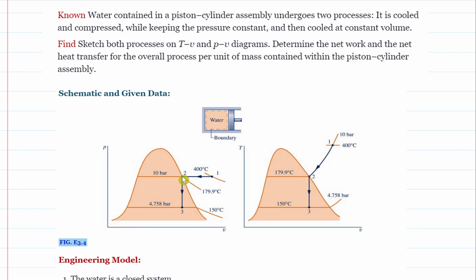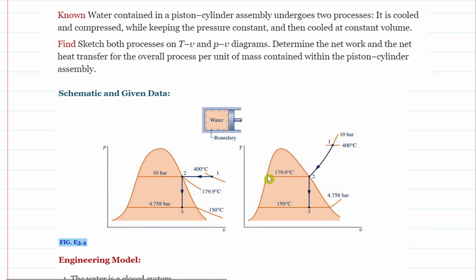And process 2 to 3, the water is cooled at constant volume. So process was conducted under constant specific volume. So it's a vertical straight line. And state 3, we have a saturated mixture. On TV diagram, state 1 is in the superheated vapor region. Process 1-2 goes through a constant pressure.